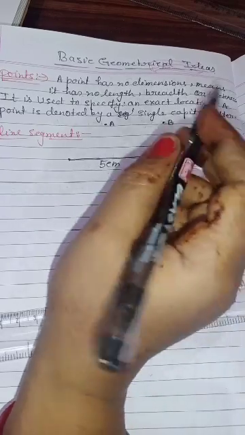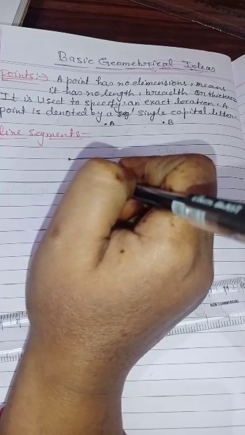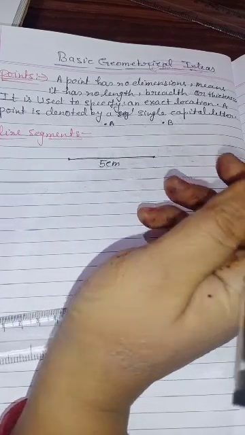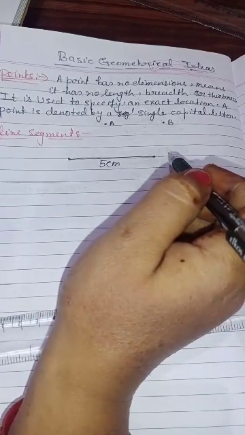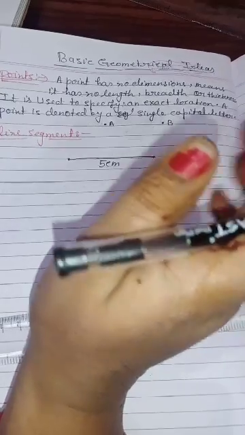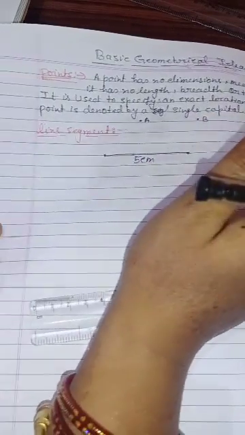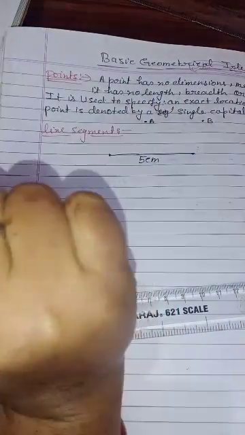If we would like to draw a line segment of 6 centimeter, at that time we will draw another line of 6 centimeter. In this way we cannot increase it. If two end points are there, its length is fixed, so further increment is not possible in this line.